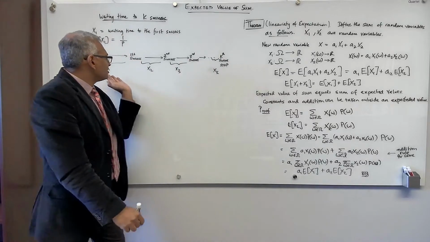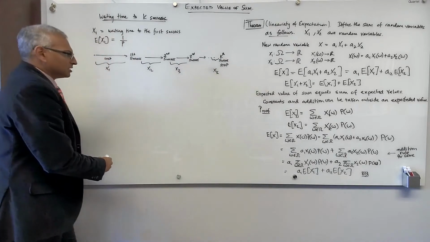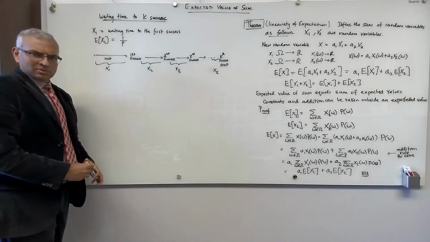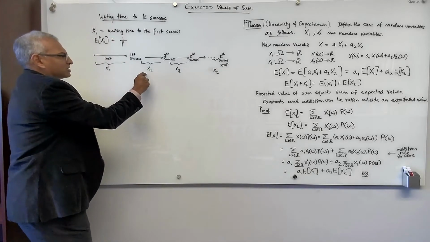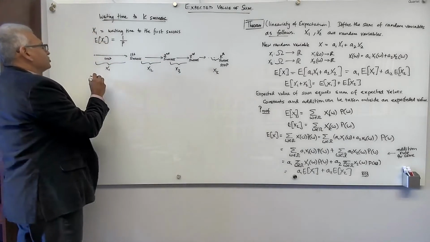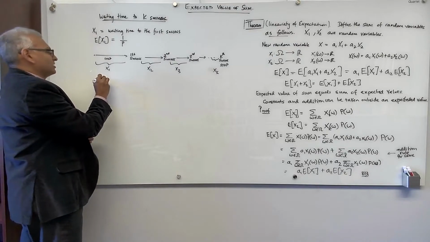So the way I've defined these additional times, we can sort of convince ourselves that the total time you wait is just x1 plus x2 plus x3 plus up to xk. So the total time you wait, let's call that x.